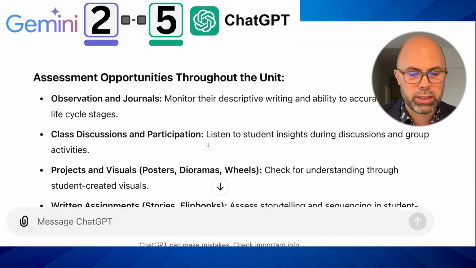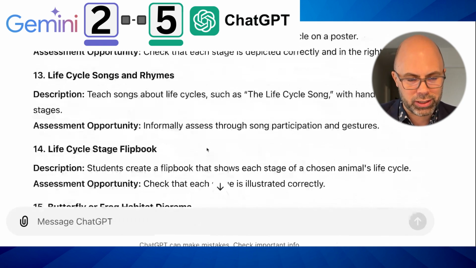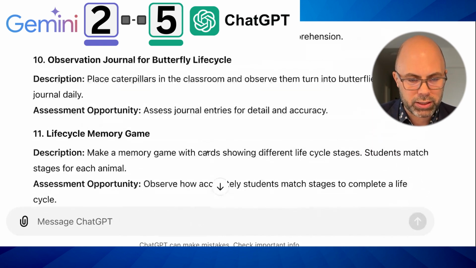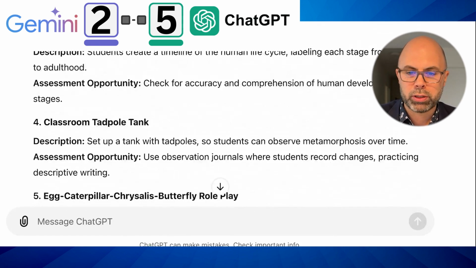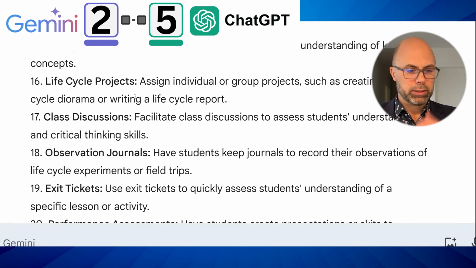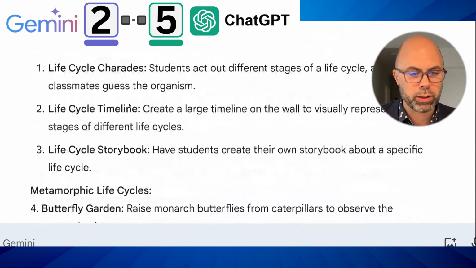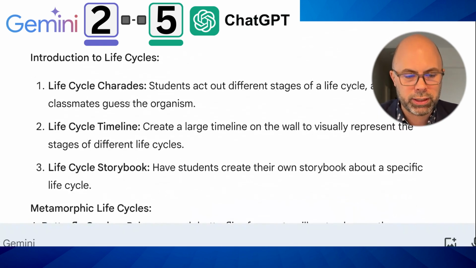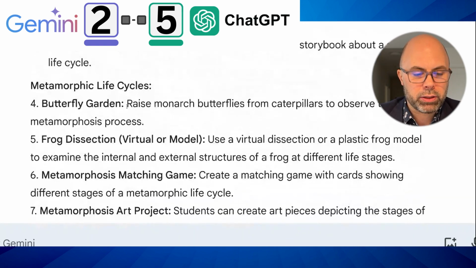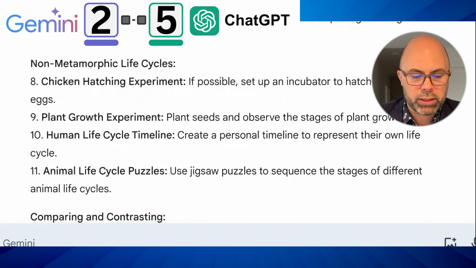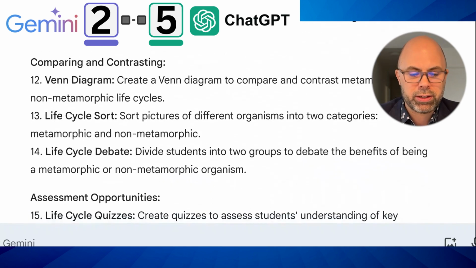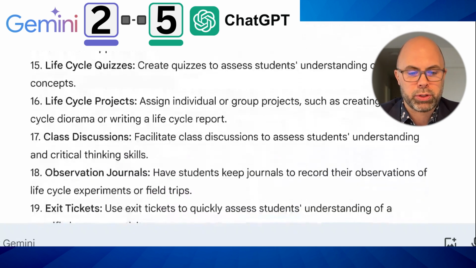Assessment opportunities. Yeah, I mean, ChatGPT just listed 20 activities, which is great, but look how Gemini broke them down into learning objectives, but then interactive learning activities, metamorphic life cycles, non-metamorphic life cycles, comparing and contrasting activities, and assessment opportunities.